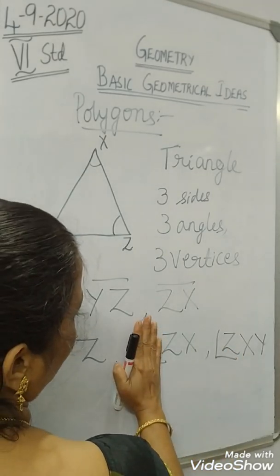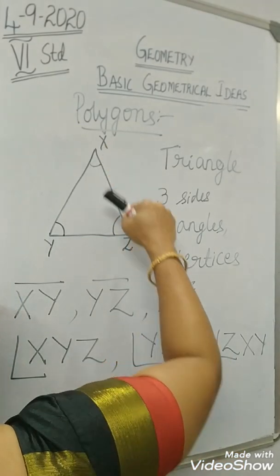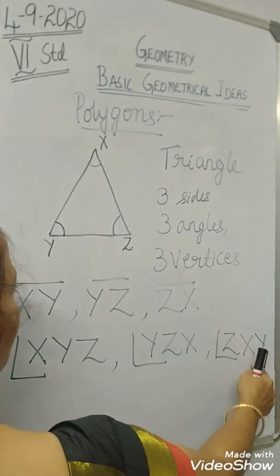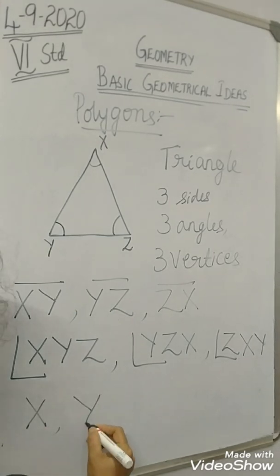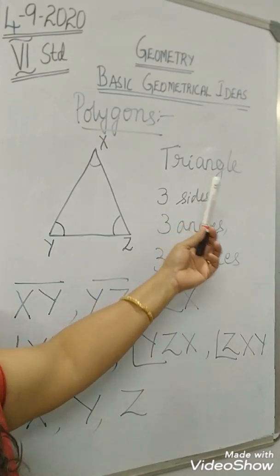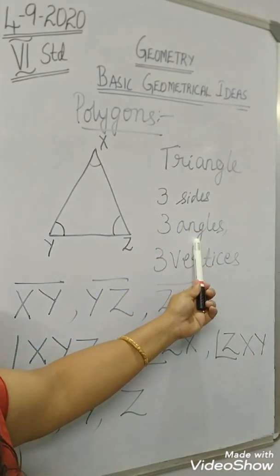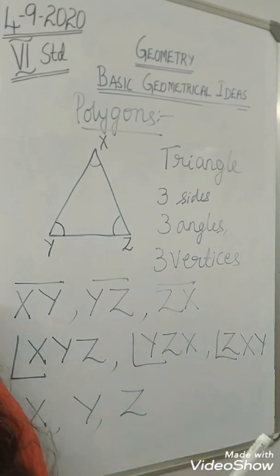Another angle, close this, you see, ZX and then Y. ZXY is the other angle. Which are the 3 vertices? X is one vertex, Y is another vertex and Z is another vertex. So, the triangle has 3 sides, 3 angles and 3 vertices. Okay? This is the triangle.